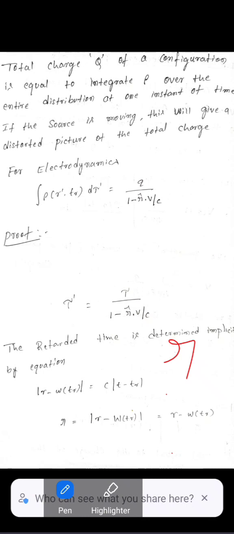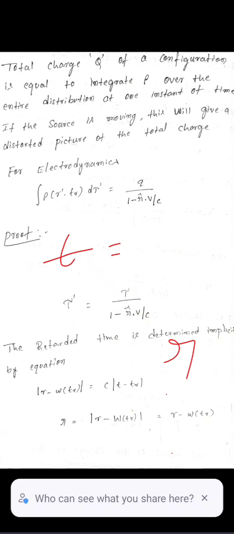Here t indicates the time at which we evaluate the potential at field position r, and t_r is the retarded time, the time at which the charge was at a specified distance.